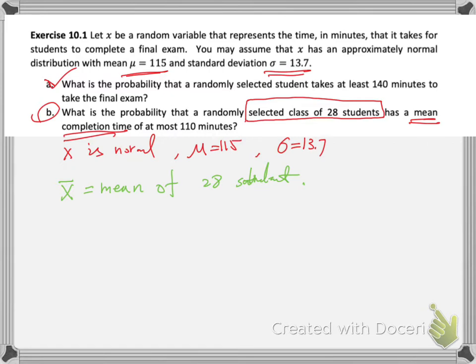What does 28 mean? It is the size of the sample, so we use the letter n for that. By the central limit theorem, we have that X bar is normal.